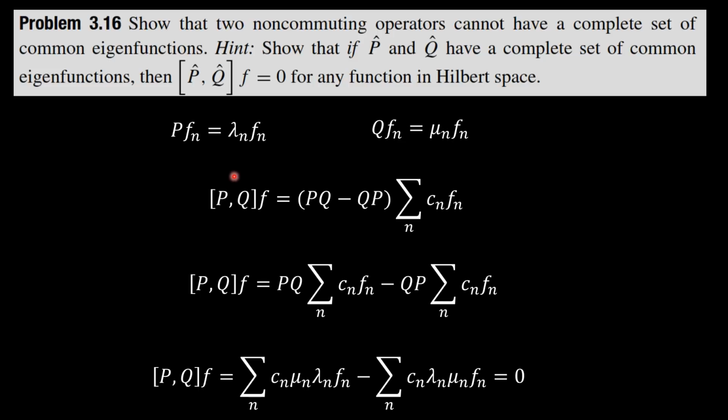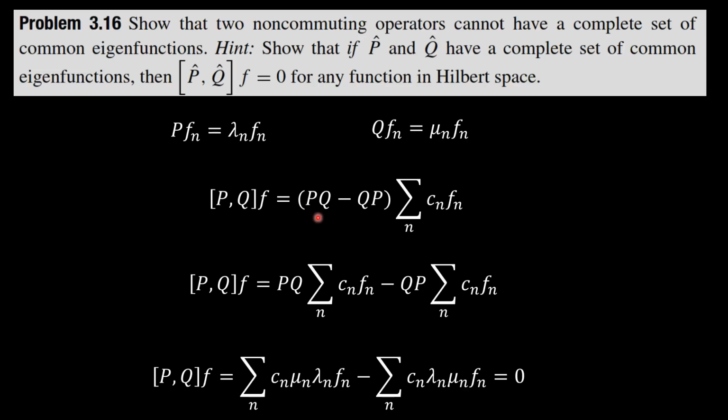Now we have to find the commutator of p with q acting on some arbitrary function f, which is equal to pq minus qp. For f, you take the linear combination of f sub n, which can be written as the summation over n of c n f n.